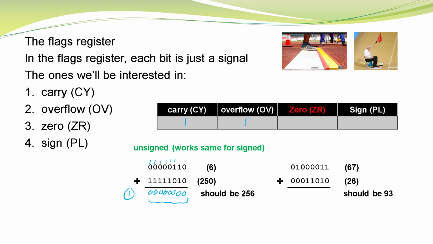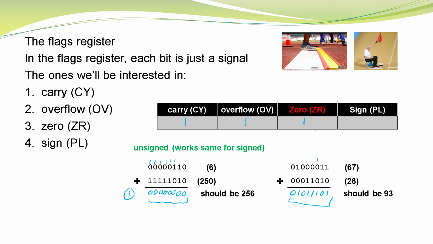What it ended up being? 0. So this flag gets raised. Coming out here, 1, 0, 1. Nothing to carry over, so that's 1, 1, 0, 1, 0. Look at my result. Is it 0 or not?